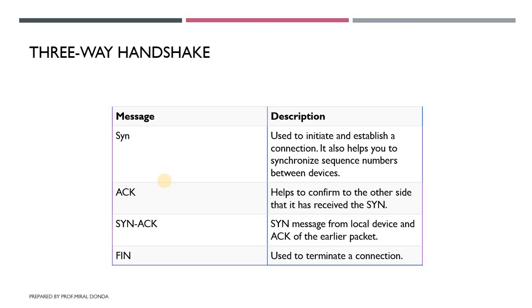Now the TCP connection establishment is called the three-way handshake. The connection is established through a series of steps with the help of states. This process is called the three-way handshake. So let's understand how we can create that three-way handshake connection.